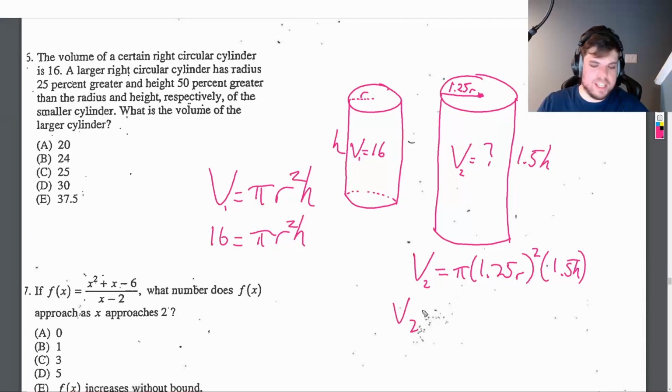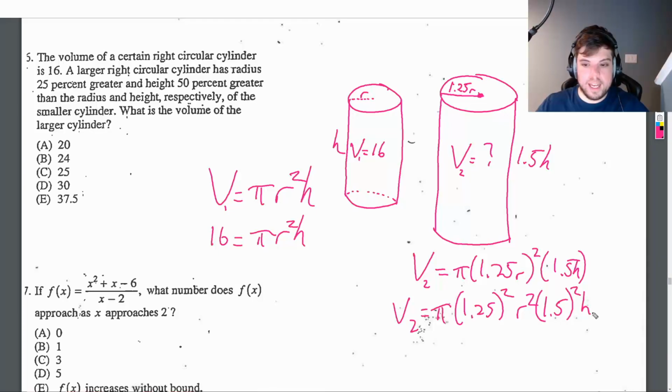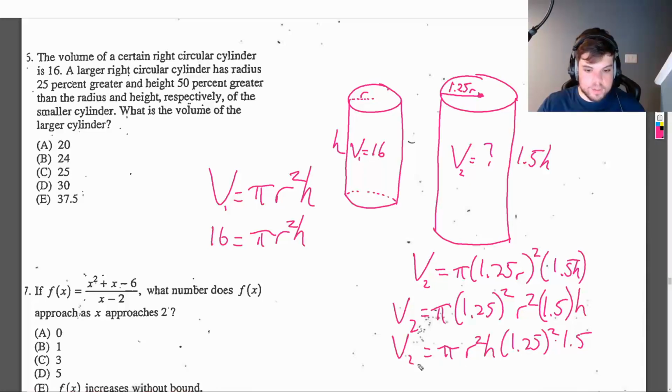V2 equals pi, and then we have 1.25 squared r squared. I'm just going to pull the squareds out here. And then we have 1.5 h. I can rearrange some terms: pi r squared h, 1.25 squared times 1.5. And this is V2.